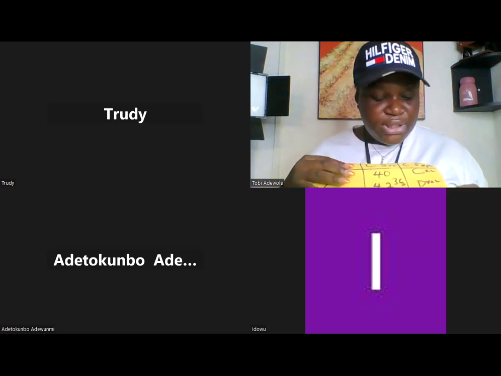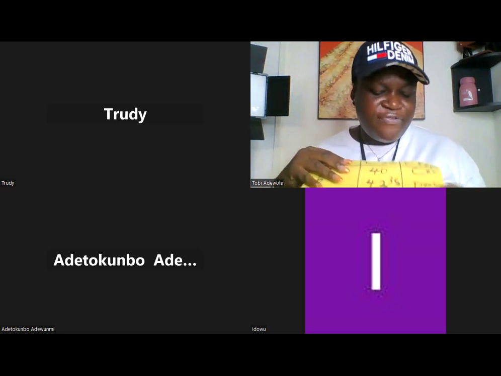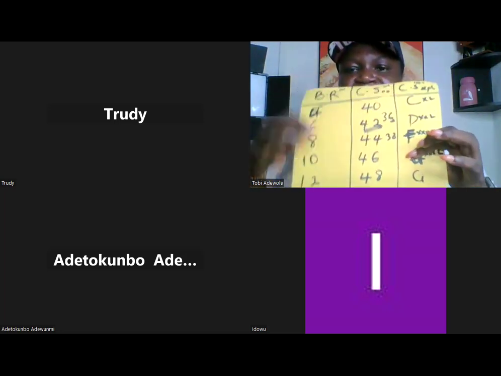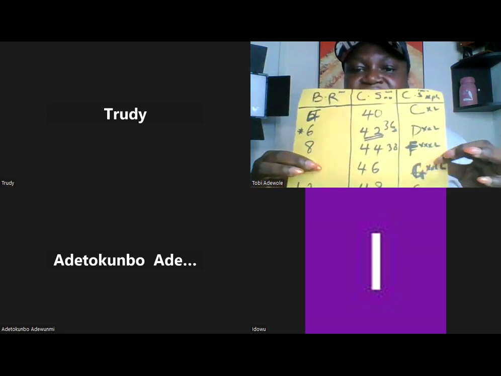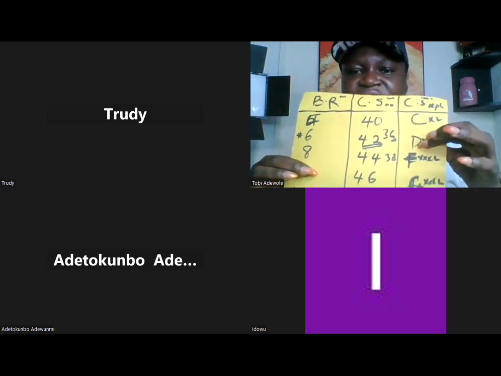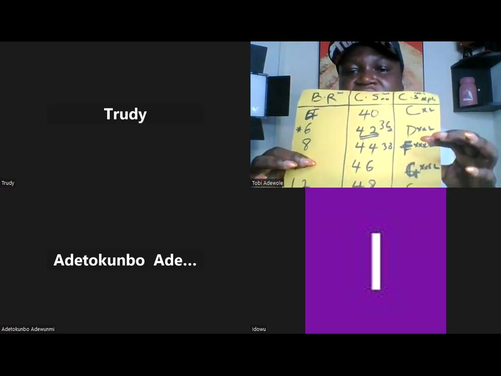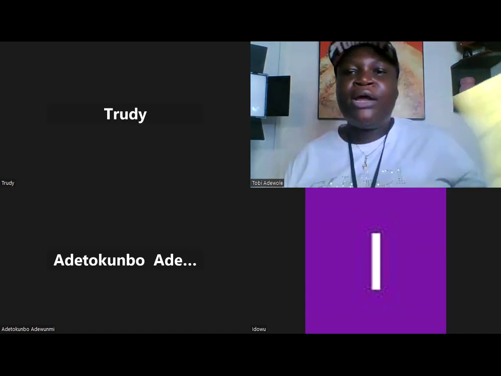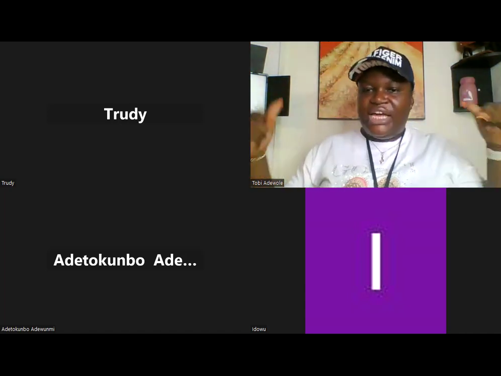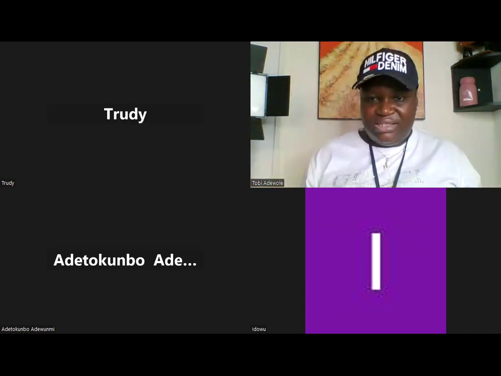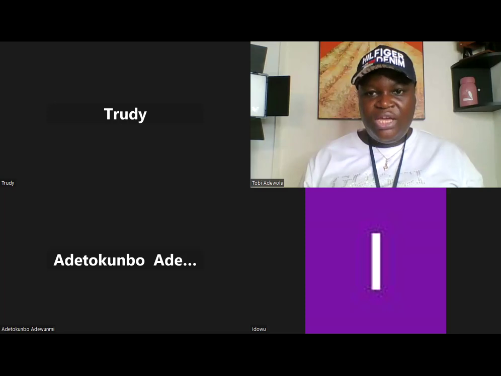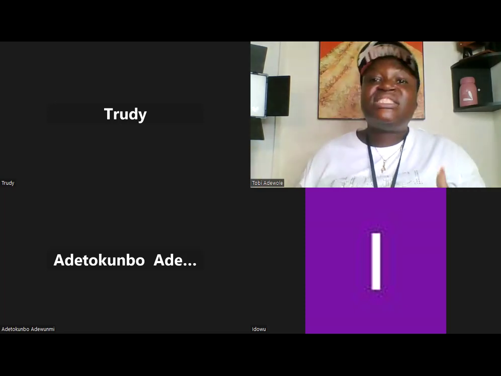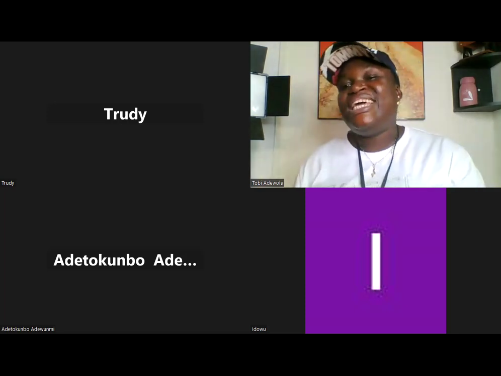Bust ratio 10 is F, C, D, E, F, this is F. This is my size. So the F cup here is size 46 bra cup in Nigeria, with the bra cups that are in the market. So for me, I wear a 46 cup, even though my bra size is 38.